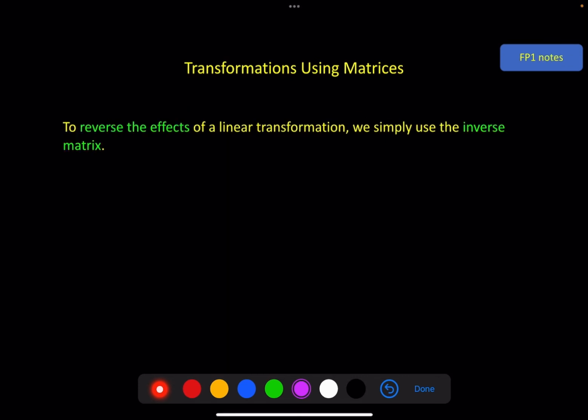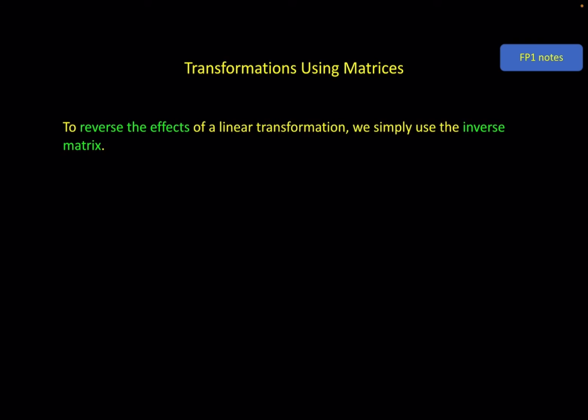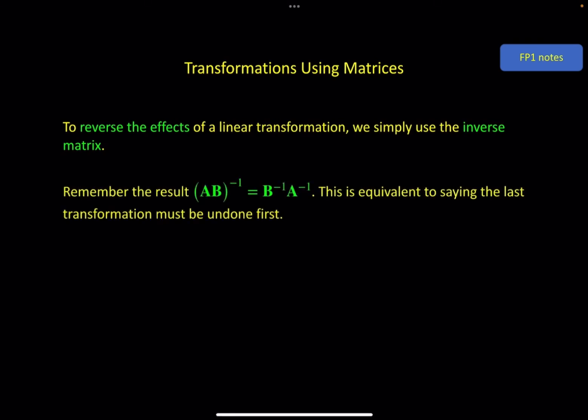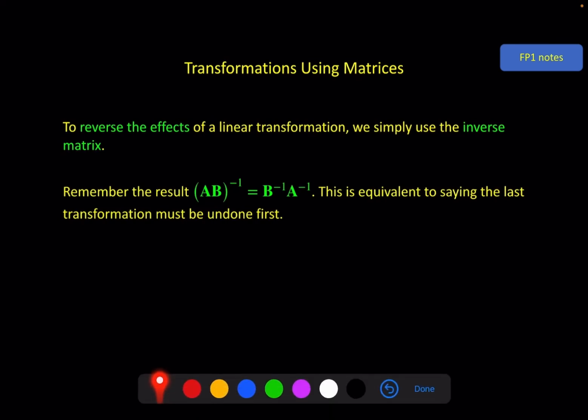But just to finish this chapter off, we can also reverse the effects of a linear transformation by using the inverse matrix of whatever the transformation matrix was. And it's worth noting that this result here is a really good one to remember. This is equivalent to saying that the last transformation, here A, remember the one on the right is the transformation that happens first, then the one on the left.